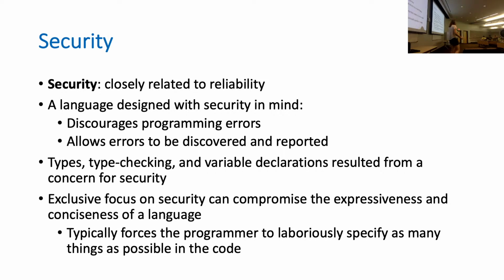Not as nice as a compile time error, but certainly a lot better than just getting output that doesn't make sense and having no idea where or why something went wrong. So that's the notion of security, whether a language can prevent the programmer from doing something that is not allowed. Okay? So types, type checking, variable declarations all result from a concern for security.